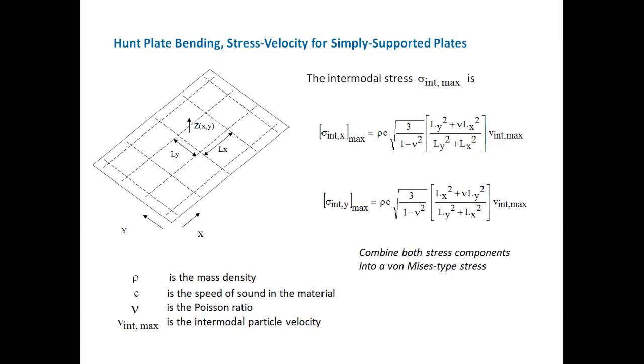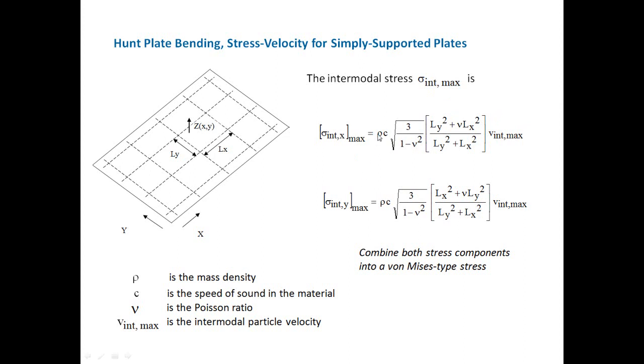So here's Hunt's plate bending stress-velocity relationship for simply supported plates. The intermodal stress is sigma sub int, for interior, comma max, for the maximum. And then he has two formulas here for the stress in the x-axis and the y-axis.